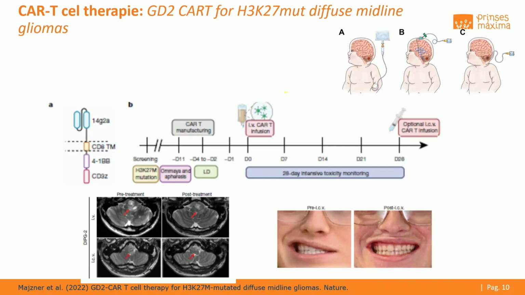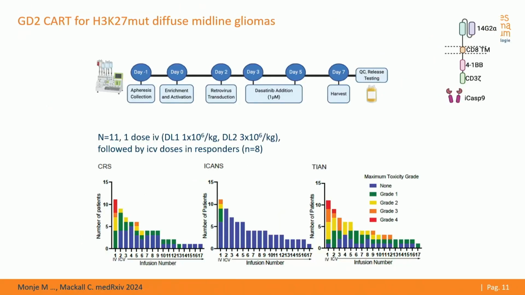So there was a lot of excitement, obviously, about this way of treatment, and we almost felt like hemato-oncologists that we could go in this direction. But along the way, we saw there were some issues also with toxicity, which was manageable, but it was severe.